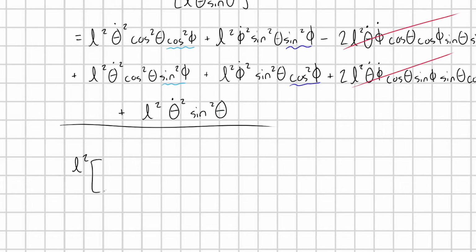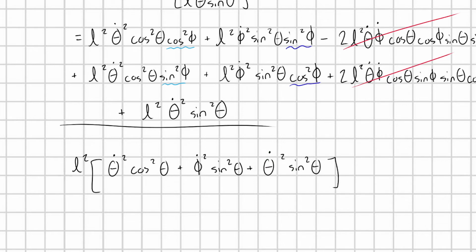So now if we add all of this together, we're going to be left with L squared. I'm going to pull the L squared out as well. We're going to have theta dot squared cos squared theta plus phi dot squared sine squared theta plus a theta dot squared sine squared theta.